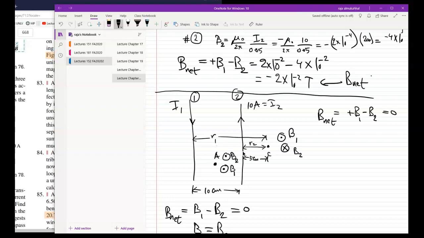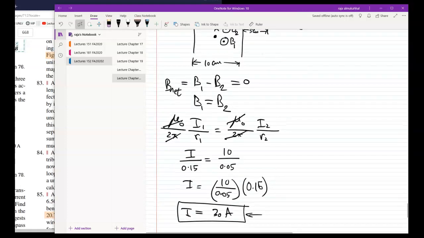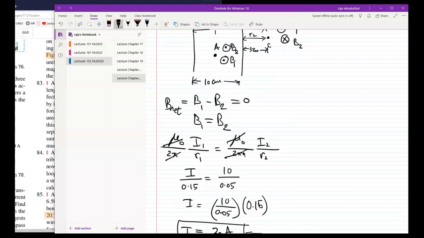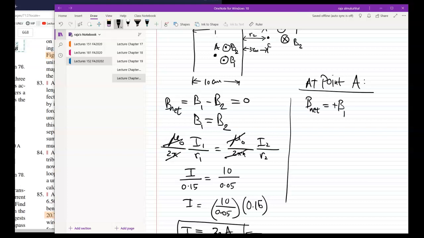So basically both are positive and they're both going to add up together. So the net field, let me put it here on the side. So here B net, okay, this is all at point A. So B net is going to be B1 positive plus B2 positive.